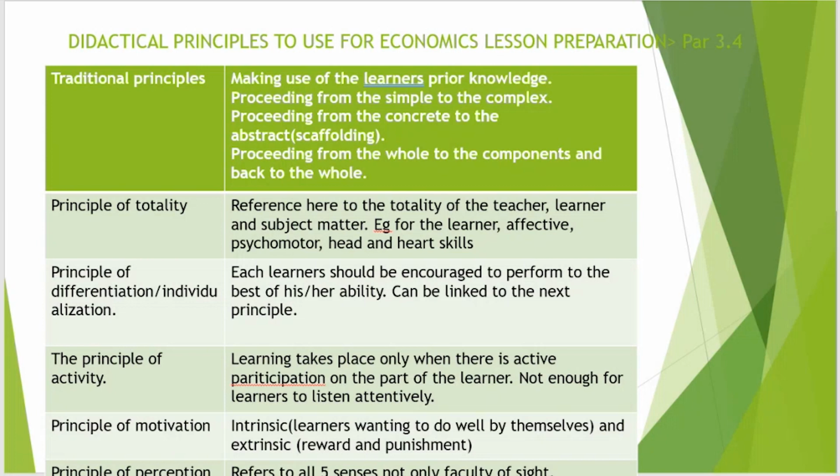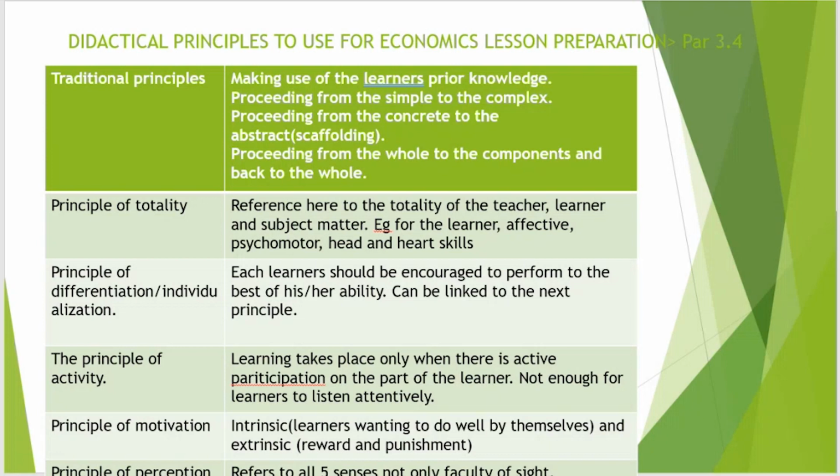Another principle is the principle of differentiation. Now, what is this principle? Each learner is different from the other one. Each learner should be encouraged to perform to the best of his or her ability.